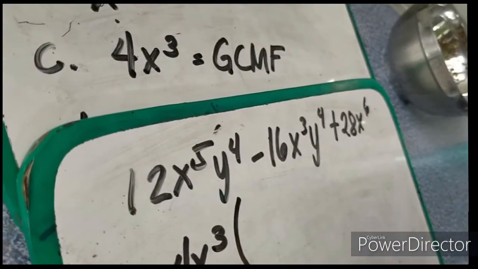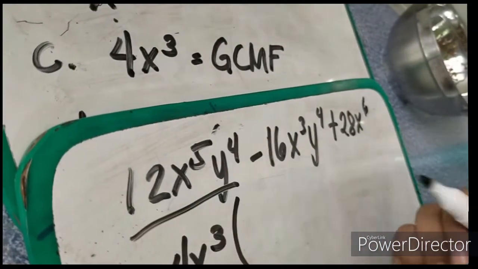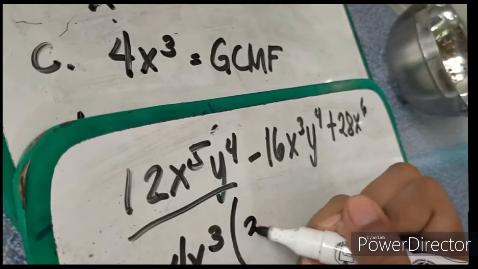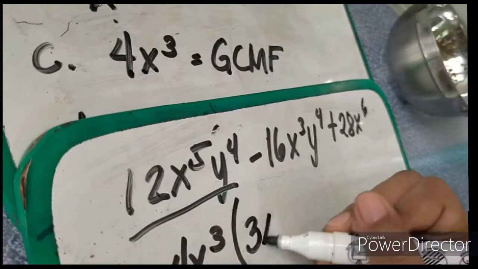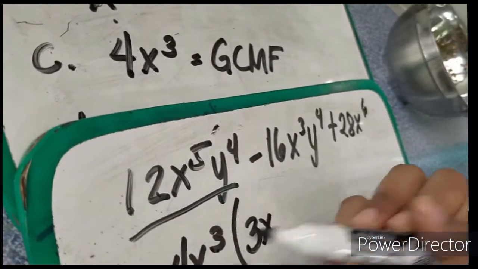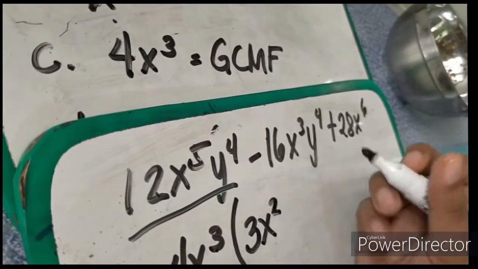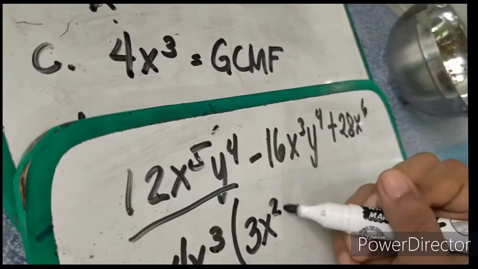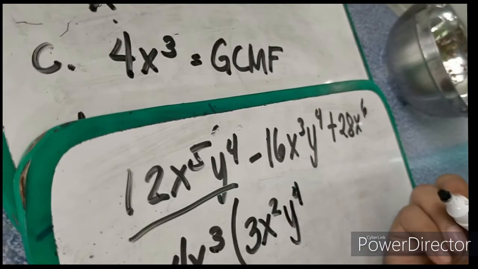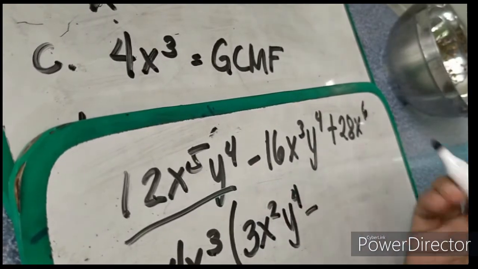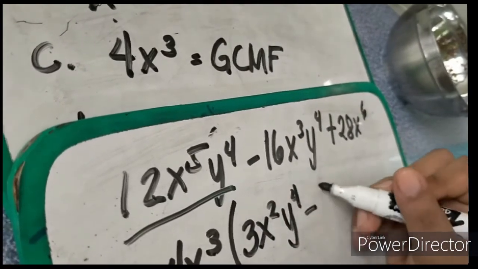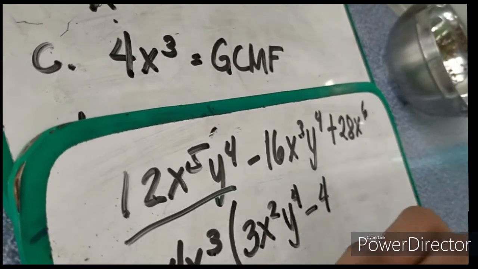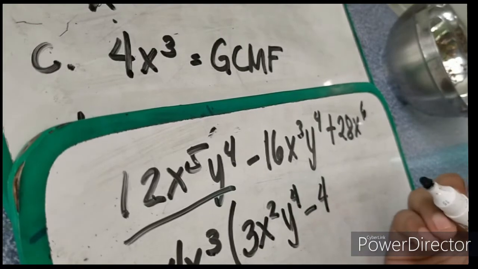Now, open parentheses. Let's divide the first term. 12 divided by 4 is 3, correct? Then, copy the variable. 5 minus 3, 2. Wala namang y sa ating GCMF, so just copy the variable y and its exponent. Minus 16 divided by 4, 4. Correct, it is 4. x cubed divided by x cubed, 3 minus 3 is 0.